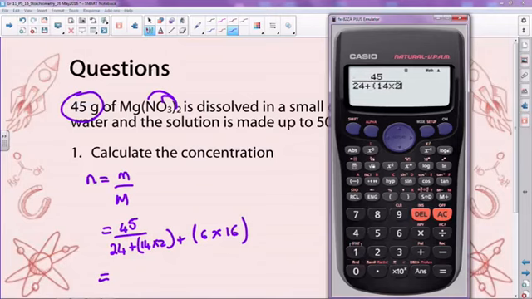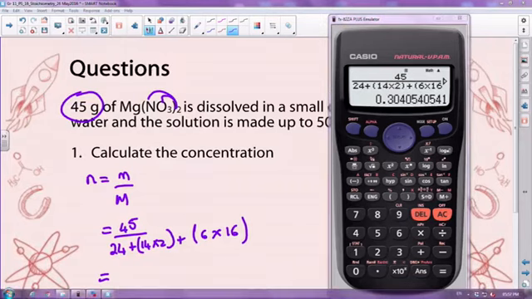Plus, I like my brackets, 6 times 16, close brackets. And I'm going to end up with 45 over 148. If I work out the answer, 0.304.